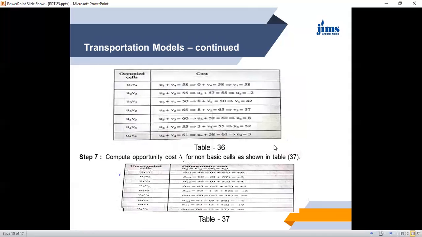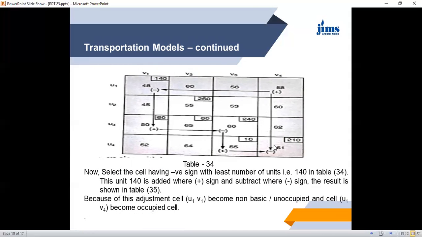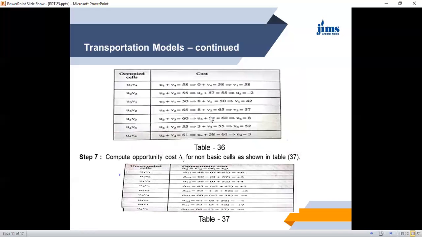So the new table, new allocations will be changed, and for the new allocations, we again calculate the Ui Vj value.